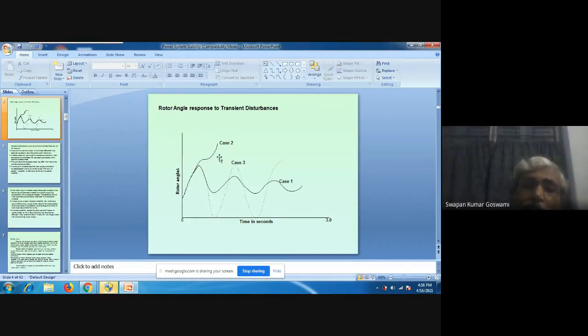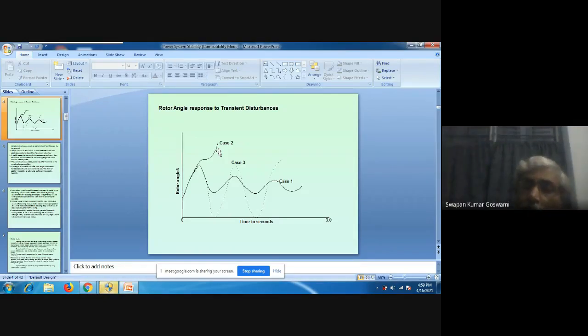first swing. Similarly, in this case also, the rotor angle is growing, it is not decreasing. So here also, by observing the first swing, the first swing is not completed because the rotor angle is increasing continuously. So in case 1 and case 2, by observing the first swing or the initial period of the variation of delta, we can say whether the system will be able to restore synchronous speed or not.